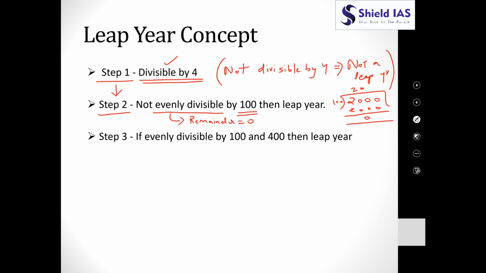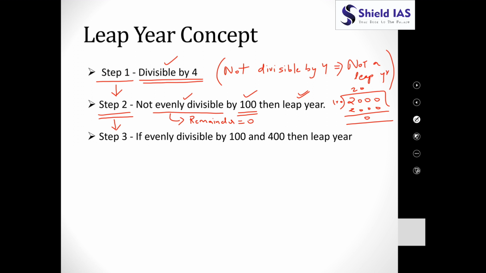Okay. So step 2 is, if it is not evenly divisible by 100, then it is a leap year. But if it is evenly divisible by 100, then we cannot say whether it's a leap year or not. In case of evenly divisible by 100, we have to go towards step 3.